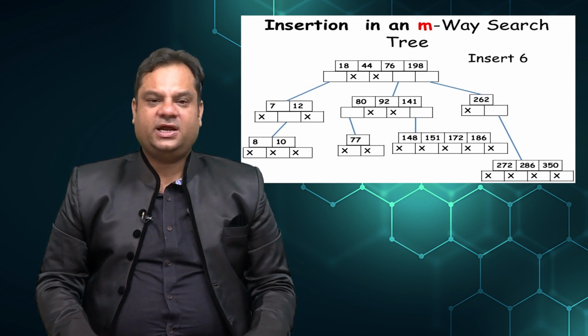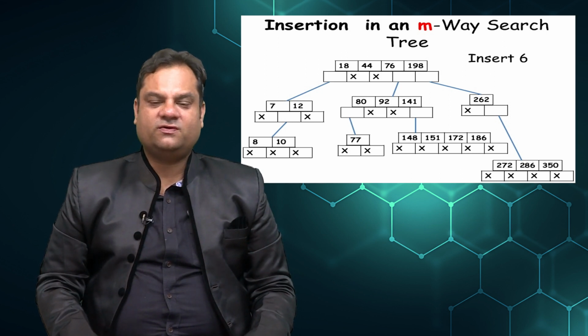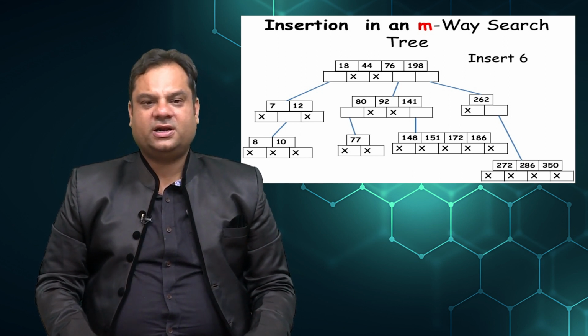As well, 8 and 10 are both less than 18, but greater than 7 and less than 12, so they connect in between the keys 7 and 12. That is, they follow the path of the right successor of 7, or the left successor of 12, in the middle child of 7 and 12.